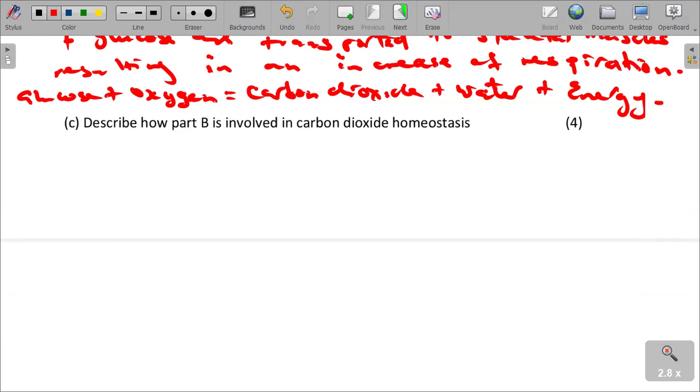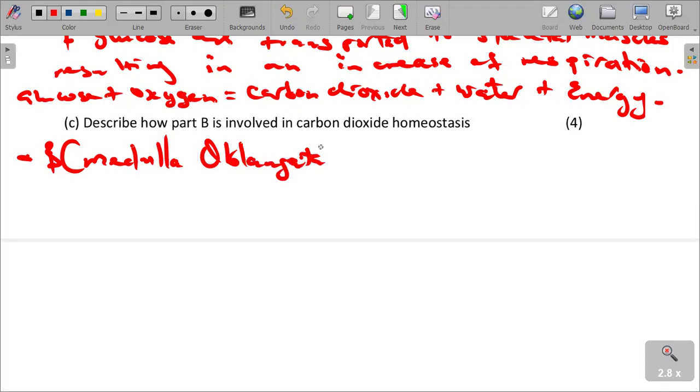Our answer, like I said, every time you always have to start by identifying B, which is the medulla oblongata. We need to identify that it is the medulla oblongata, which is stimulated.